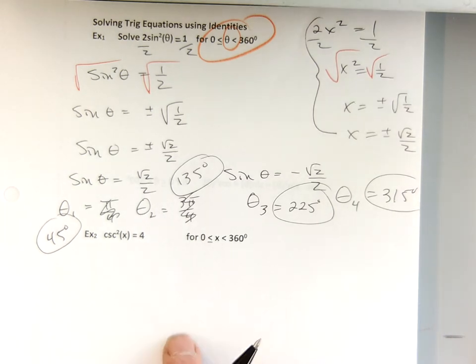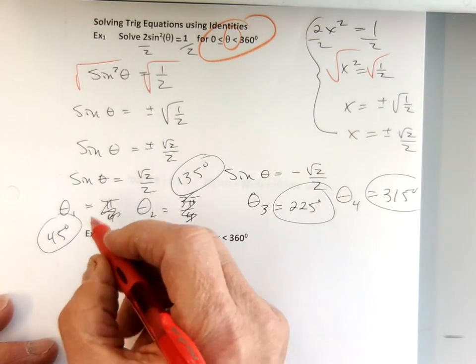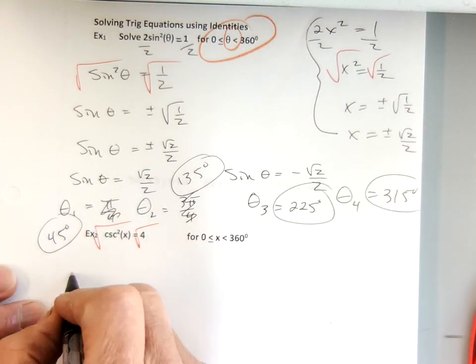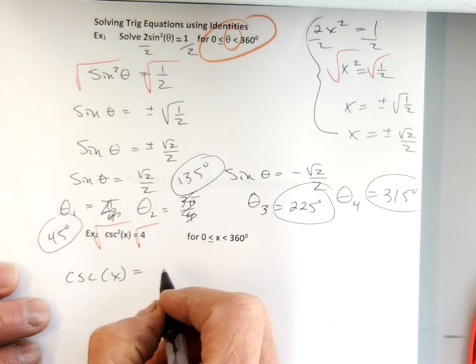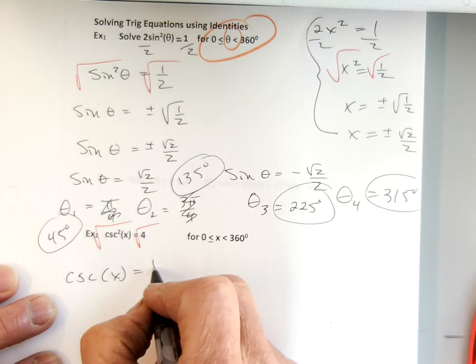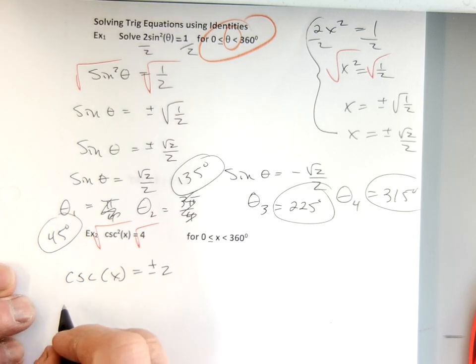Okay, so now what do you think about number 2? Let's square root it first, okay? Everybody okay with that? Square root, square root. So I'm going to have cosecant of x equals, well, square root of 4 is 2, right? Everybody agree with that? But plus or minus 2. Okay, well, I know I'm going to flip it.